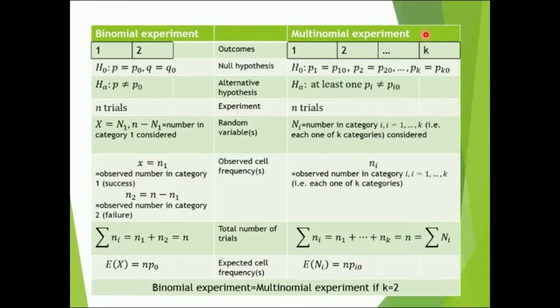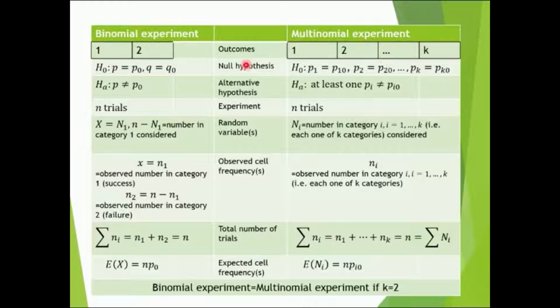It can be, for example, age that has been categorized, or it can be eye color, or car color, or brand of car, their make, and so on. The null hypothesis in the binomial experiment that you're familiar with is that P is equal to a specific value, P0, which immediately implies that Q will be equal to 1 minus P0. So you actually need to specify only P.